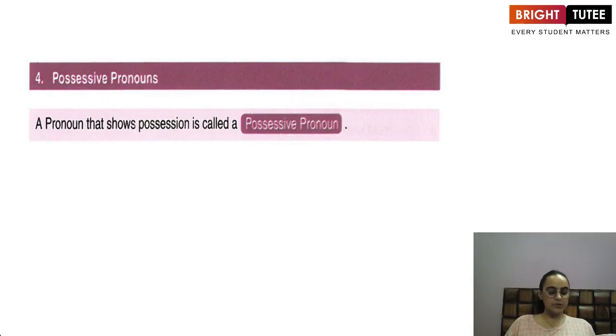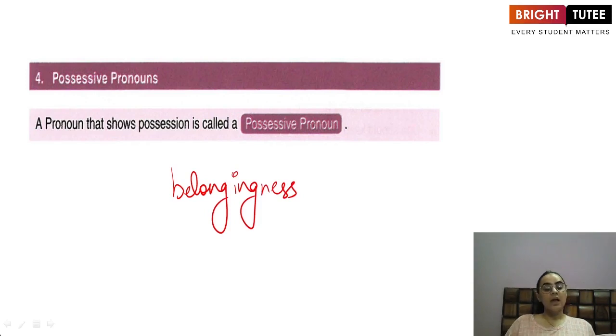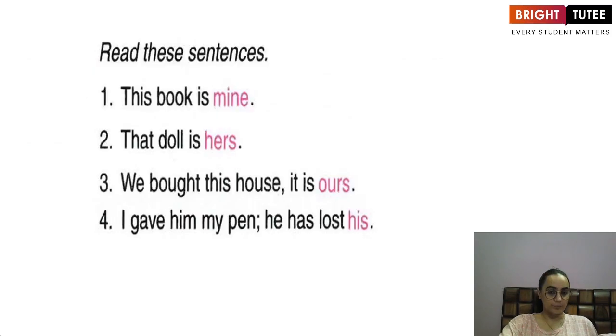Next, let us talk about the possessive pronoun. Now, the word possessive shows possession or belongingness. Something that belongs to you, something that is your possession, is shown with the help of a possessive pronoun.